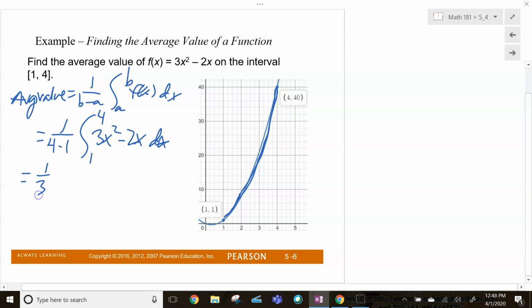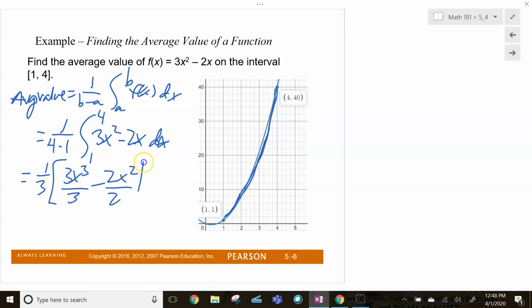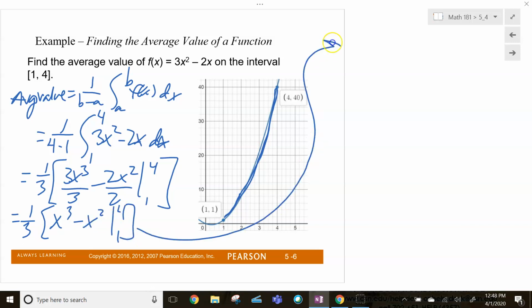Well, it's a third of, now I'm going to go ahead and do the integral. So I've got a third of x cubed minus x squared from 1 to 4. We plug in the 4, plug in the 1.